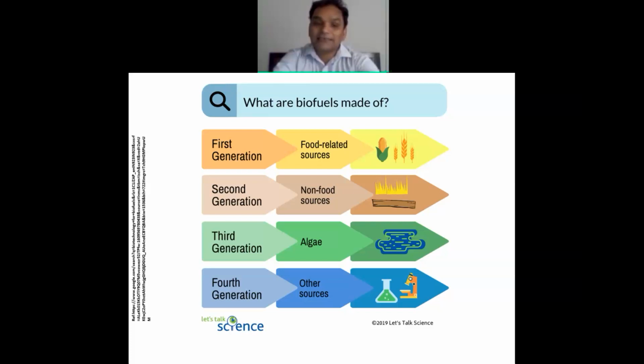So second generation resources were explored, which are primarily non-food sources, and this is where most of today's research is being conducted.